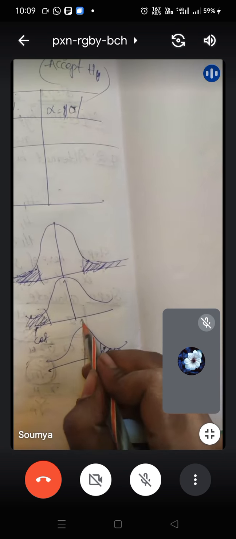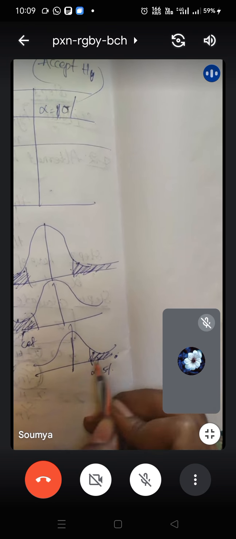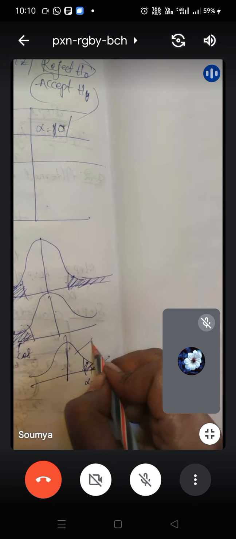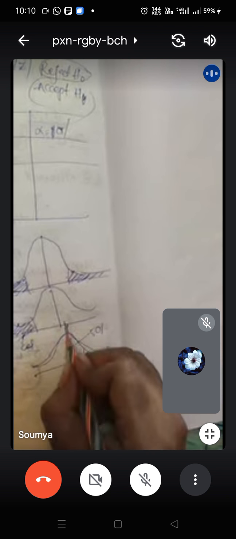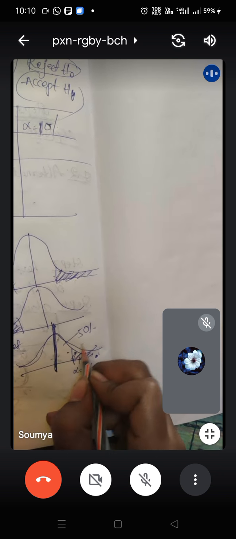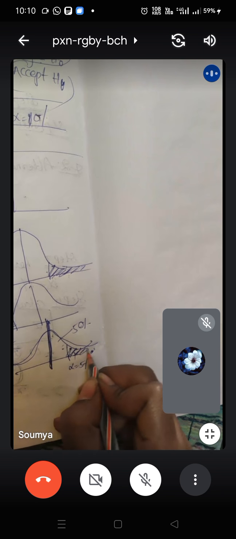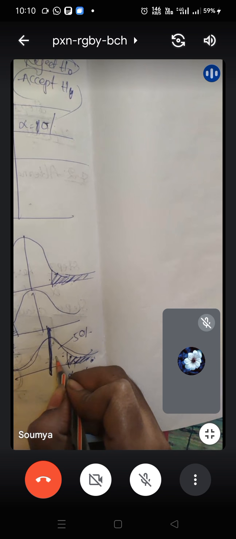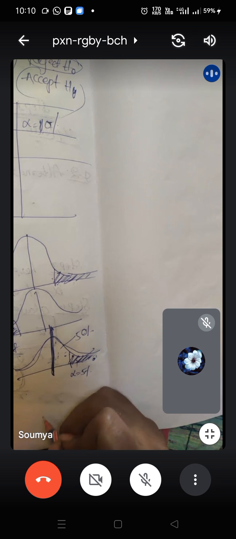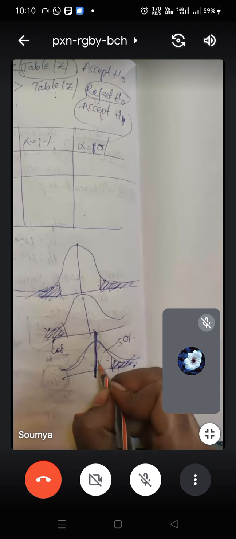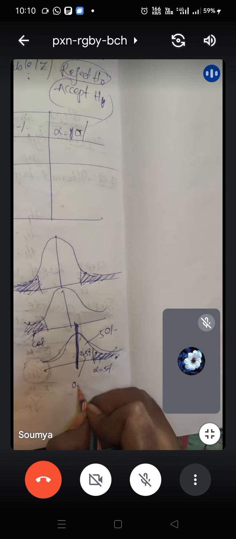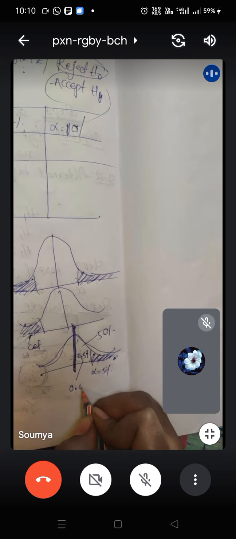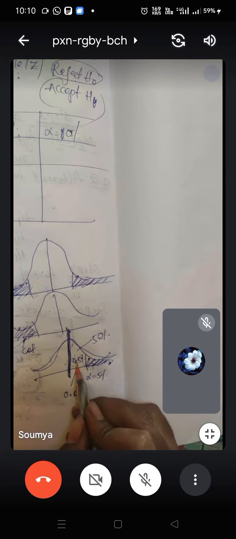What I told you, from here to here, the area percentage is 50%. This is the symmetric line, so this is 50%. If I remove 5%, what is the area left here? 45%. That means the value of the area is 0.45, right?